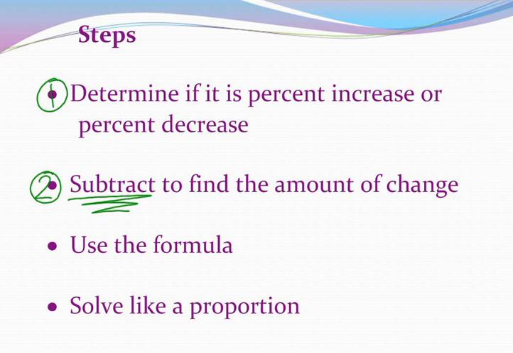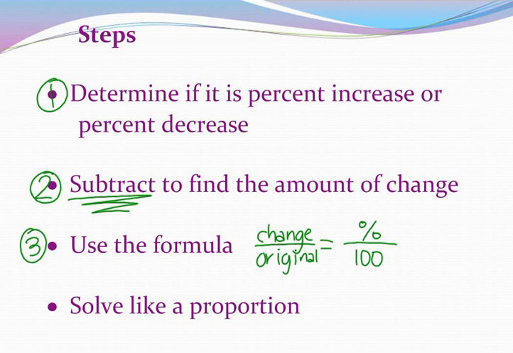Make sure you do that step. Step 3 says use the formula, change over original equals percent over 100. Use that formula, and then you solve it like a proportion, just like we've been doing all week. The only thing that makes it different is this part right here: we've got to subtract to find the amount of change.